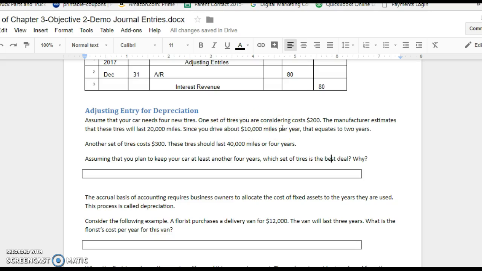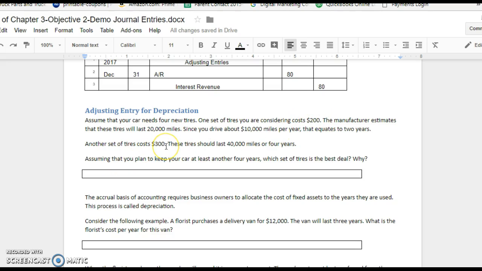It's going to cost you $100 a year for depreciation. It would cost you $200 for the 2 years, and then another $200 to get it for another 2 years. So you'd spend $400.